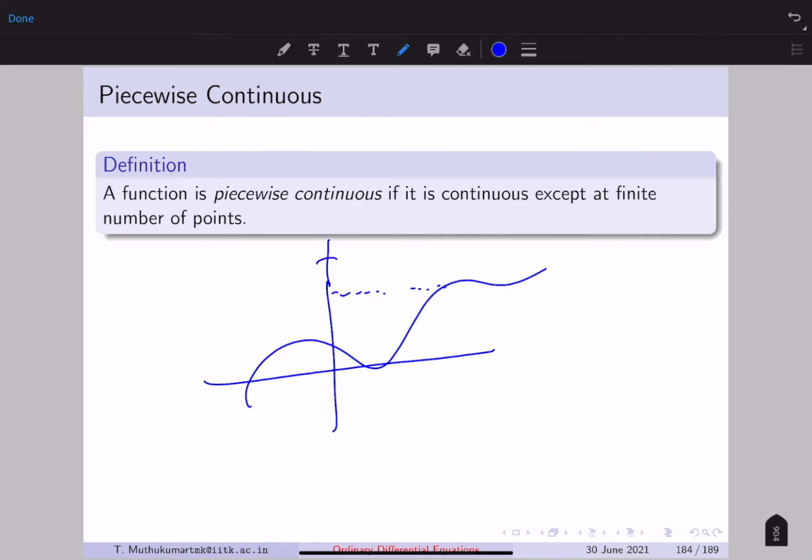If you fix some point here, let's call it f of x naught, and take f of x naught plus epsilon and f of x naught minus epsilon, then there should exist a delta.